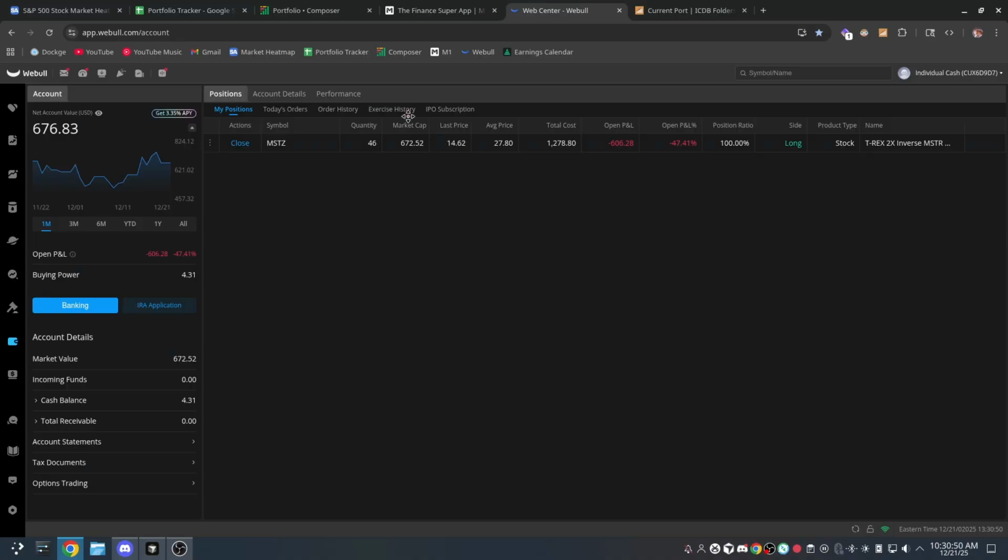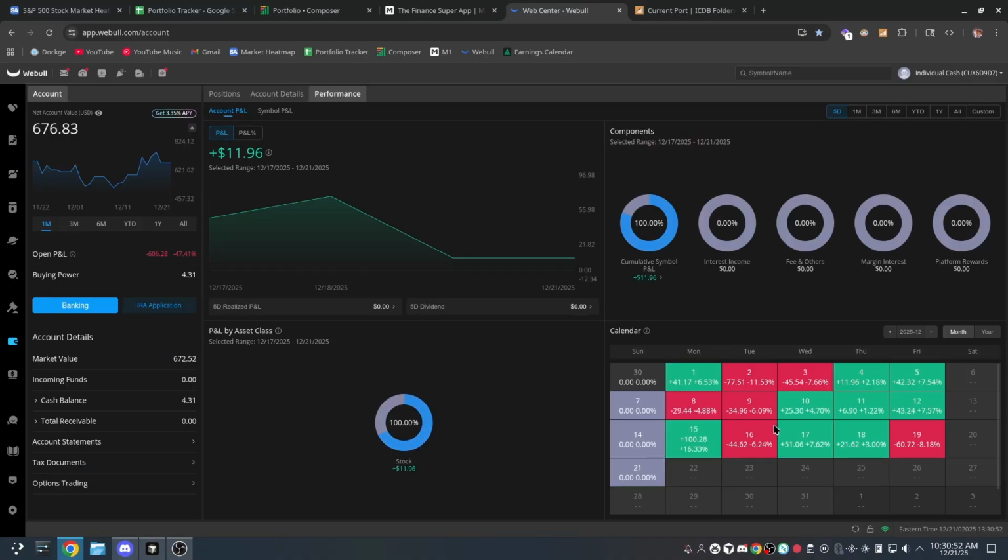Last but not least, we have Webull. If we take a look at the performance section here, you can see Monday was 16% up. Tuesday was 6% down. Wednesday was 7.62% up. Then another 3% up. Then down 8.18.